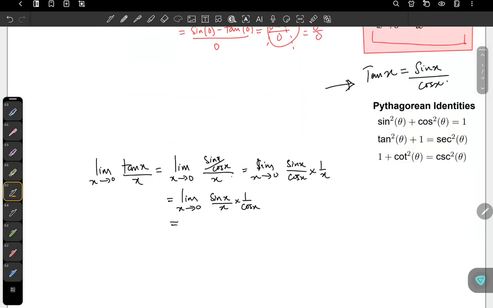As you can already guess, all we do is split this into the limit of sine x over x times the limit of 1 over cos x. By our fact, our almighty fact, the first is equal to 1.